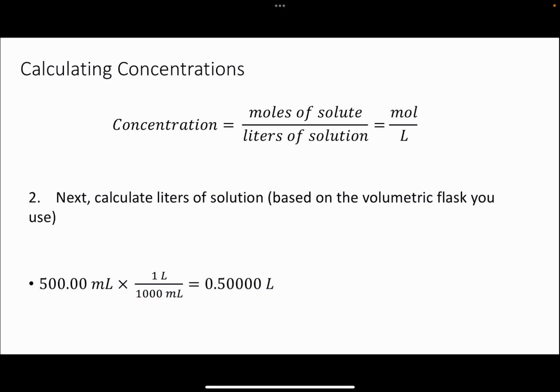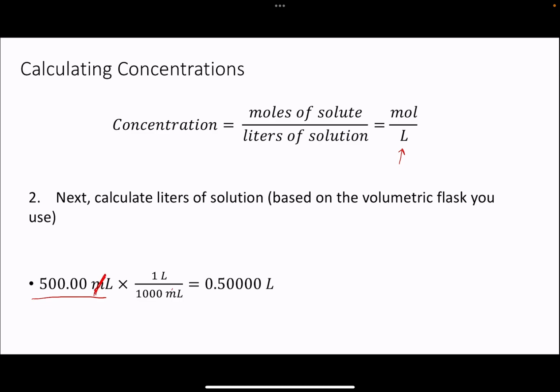Well, now let's see if we can figure out the bottom. In this case, we have volume already, but we have 500 milliliters. Remember that our formula requires us to be in liters, so we just need to convert. If you remember your prefixes, milli is 1,000, so we just need to divide by 1,000. So 500 divided by 1,000, because there's 1,000 milliliters in 1 liter, and we need these two to cancel out.